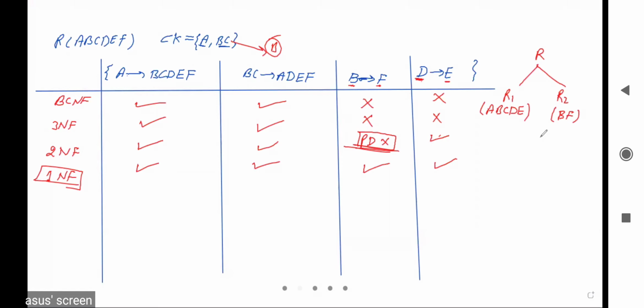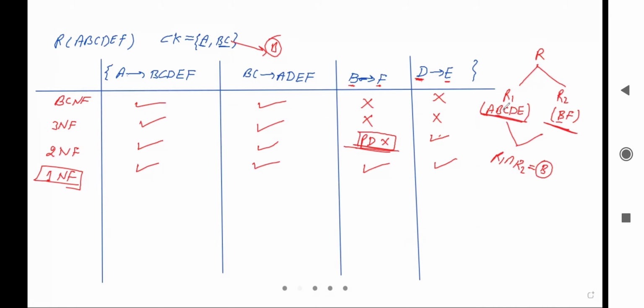Okay, so here if we observe R1 intersection R2, that is equal to the common attribute, that is B. B is the common attribute, right? So B should be the super key of either this one or this one. Now B is the super key of what?